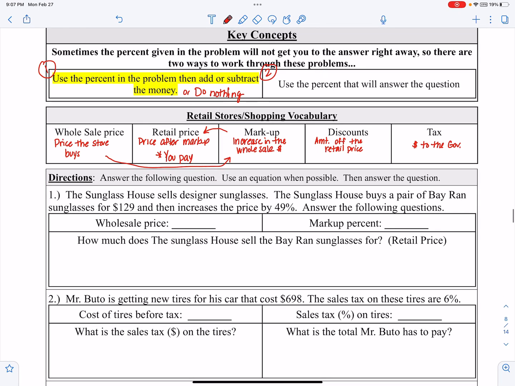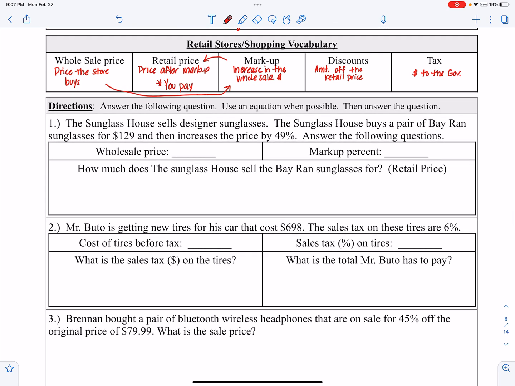So let's go ahead and explore these few questions here. We have to answer the following questions, use an equation when possible, and answer the question. We're going to go through and highlight just as we normally would. The Sunglass House sells designer sunglasses. They buy a pair of Ray-Ban sunglasses, get it, Ray-Ban, for $129.